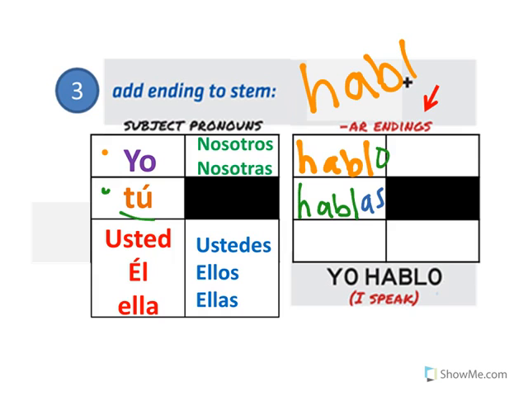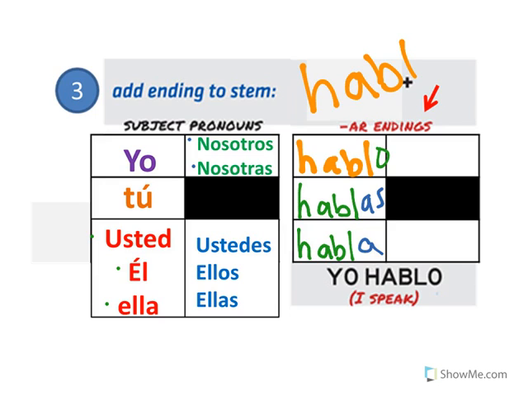So tú hablas is you speak, you talk. Next, for usted, él, and ella, again we first write that stem, and then the ending is A: habla.